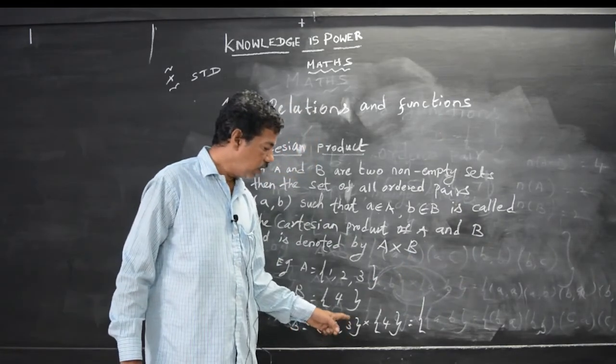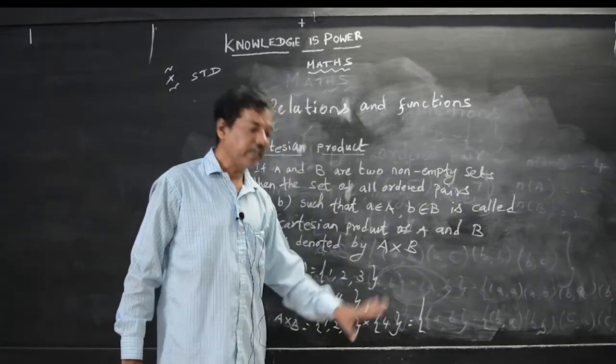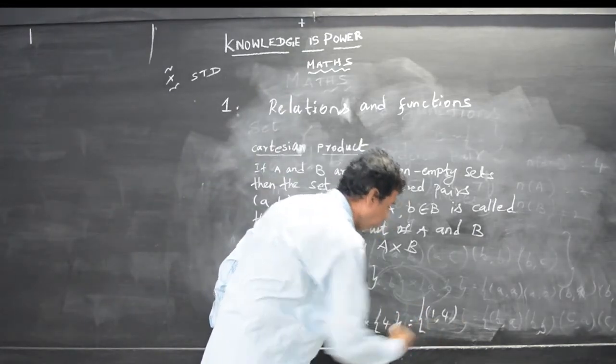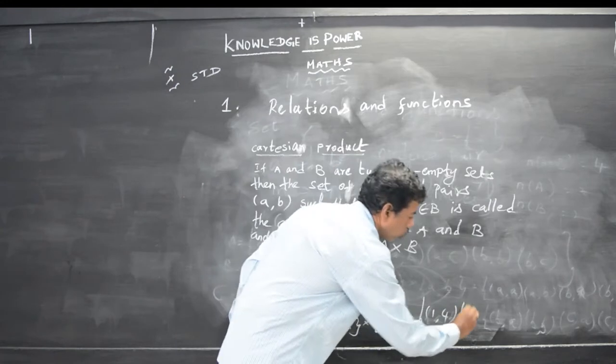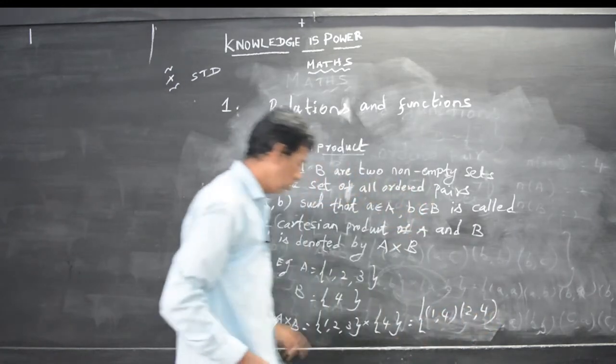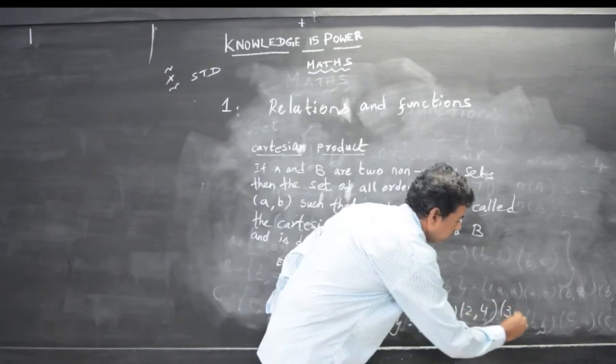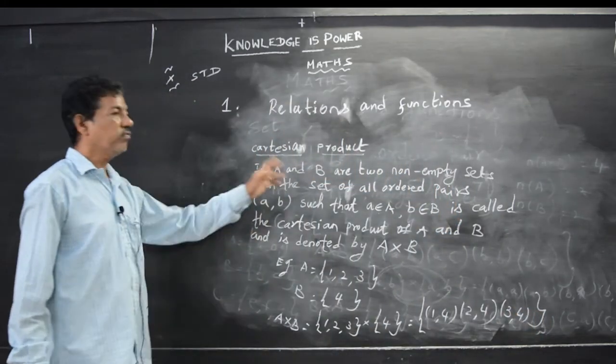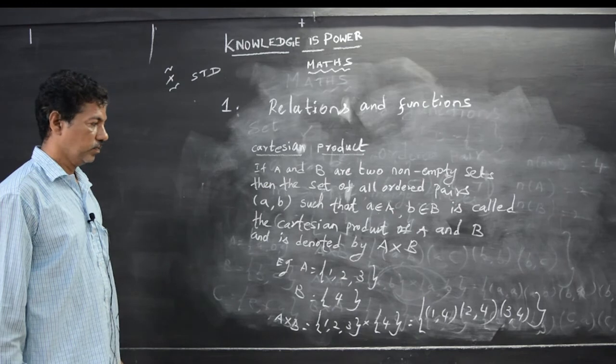Here there is 3, 3 into 1, so 3 elements are possible. Now (1, 4), (2, 4), then (3, 4). So this is the way we have to produce it with examples.